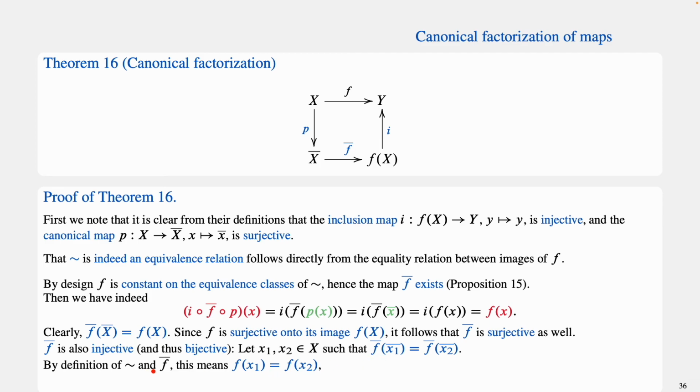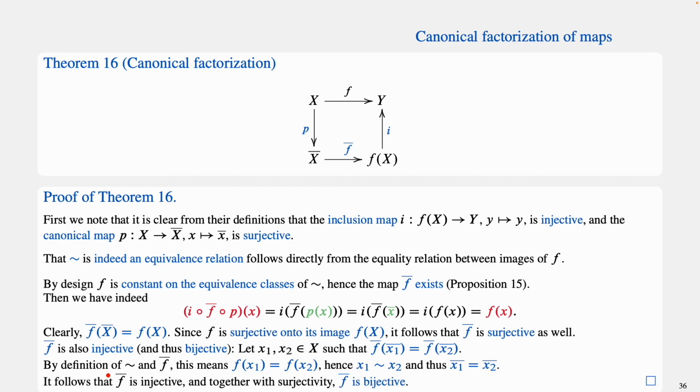And the way we defined our equivalence relation was that if the two elements have the same images under f, then they are equivalent. And this means that the equivalence class of x1 equals the equivalence class of x2.